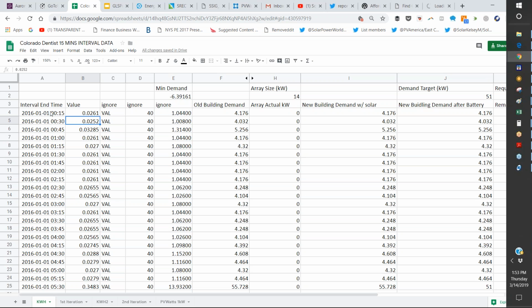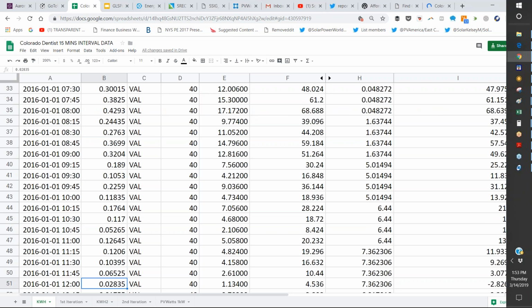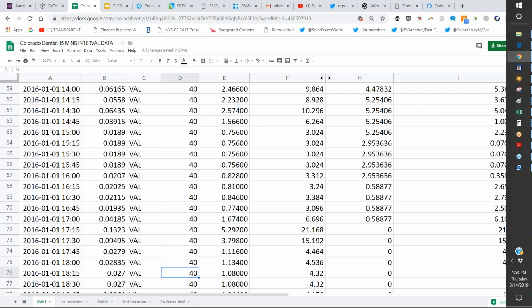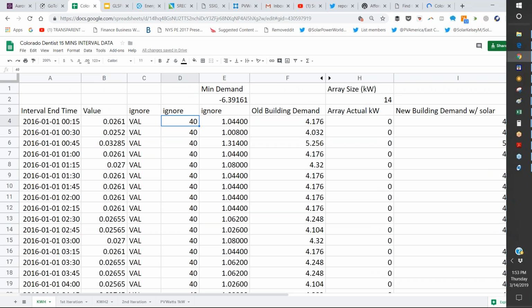But here we have on the left, let me make this a little bit larger. Here we have on the left the interval data that I get from the utility. One thing to look out for is the interval data will often have a multiplier associated with it. In this case, the multiplier is 40.